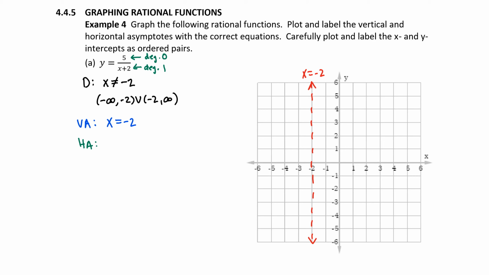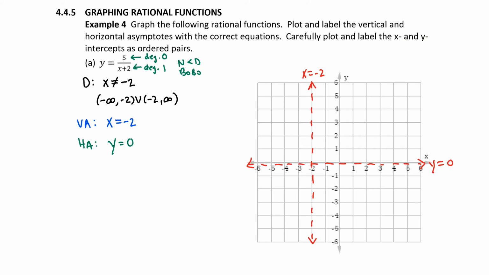So we're dealing with the case where the degree of the numerator is less than the degree of the denominator, or you could call this the Bobo case, right? Bigger on bottom, 0. So the equation of our horizontal asymptote is y equals 0. We can sketch this into our graph with a dashed line. I like to use red because it's a boundary line. And the equation there is y equals 0.